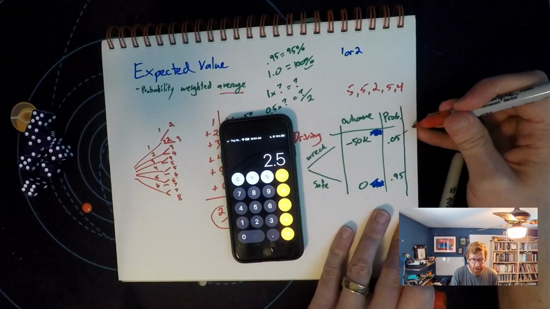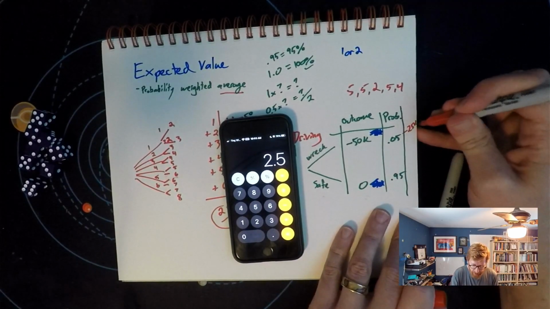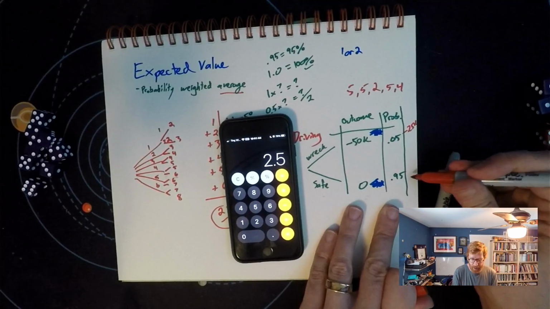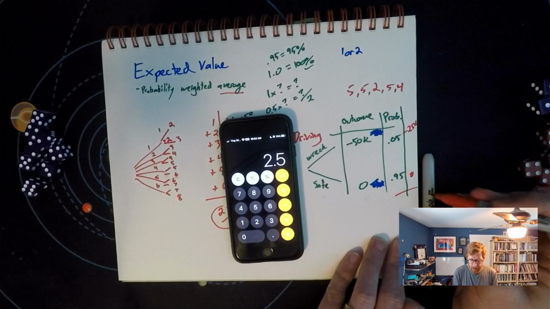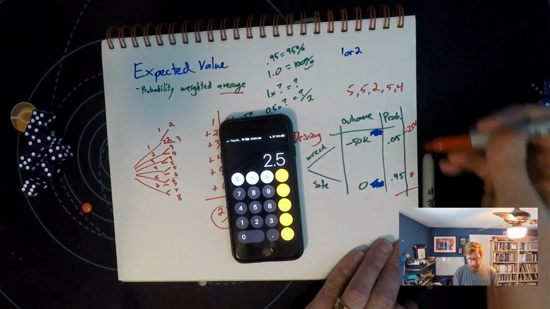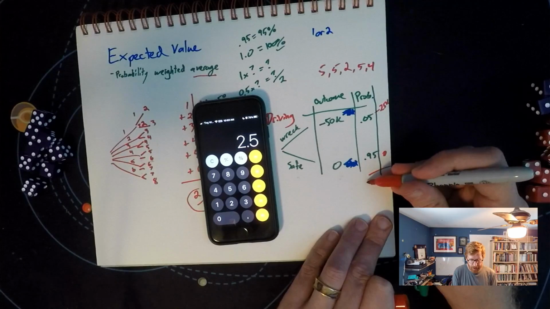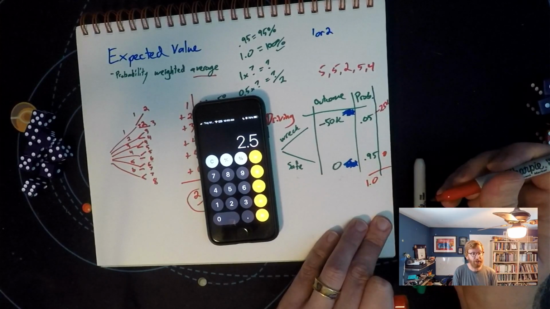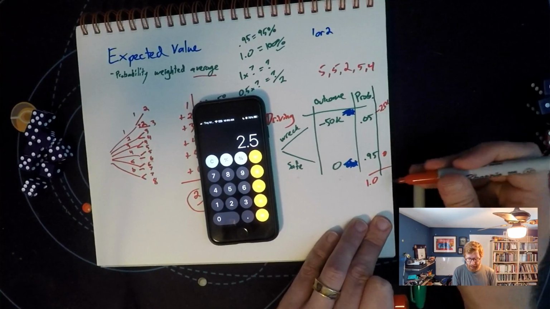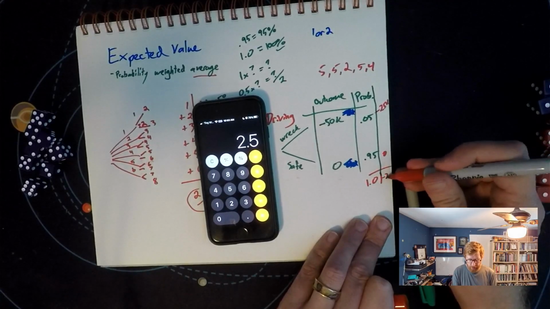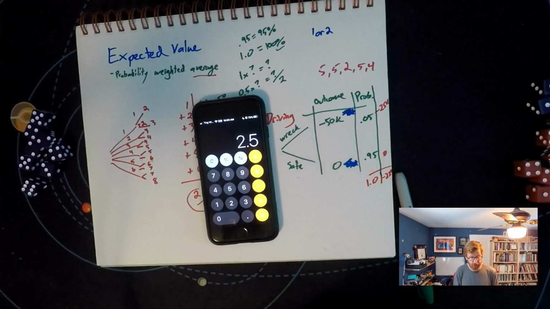So minus 2.5K, and then 0 times 95 is nice and easy. That's 0. We add these up, right? We're going to be adding up 5% probability plus 95% probability. We're getting 100% probability, and we add these two up, and we're going to get negative $2,500.